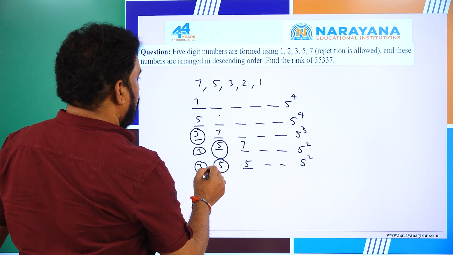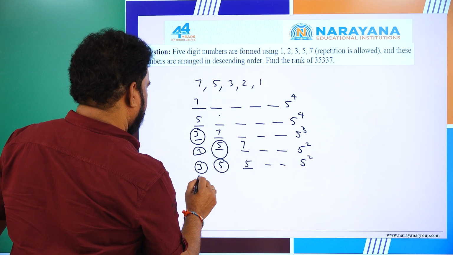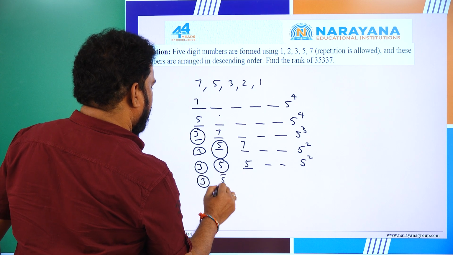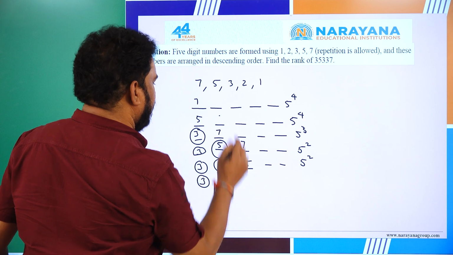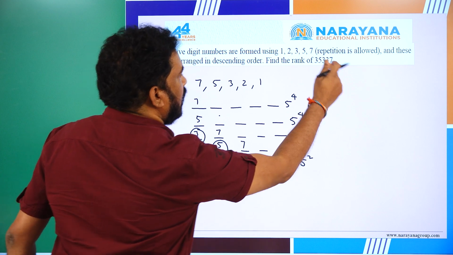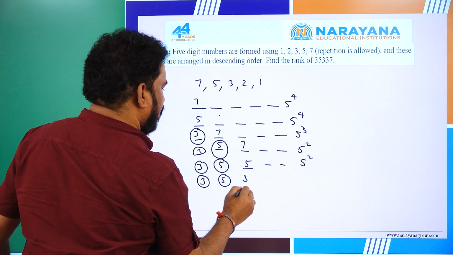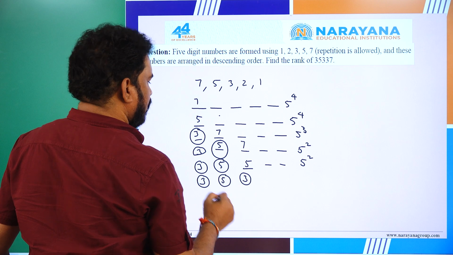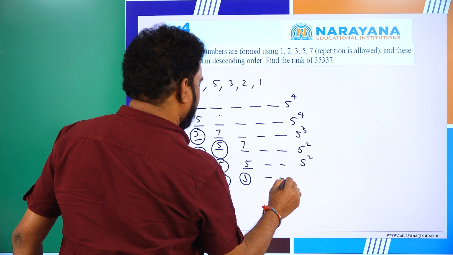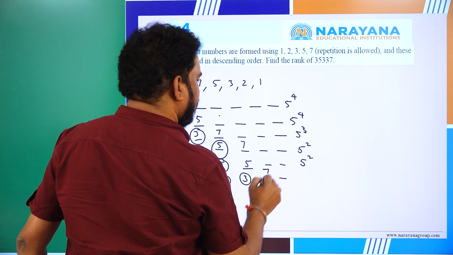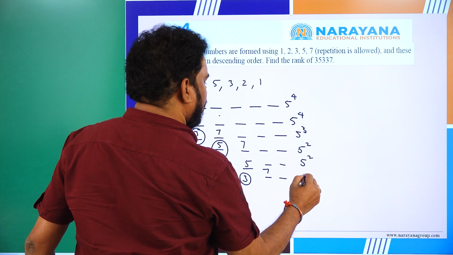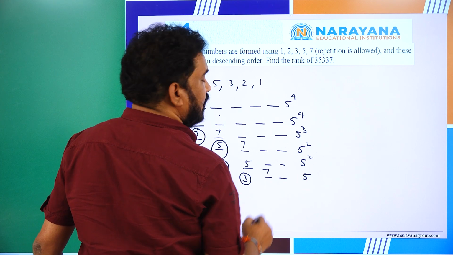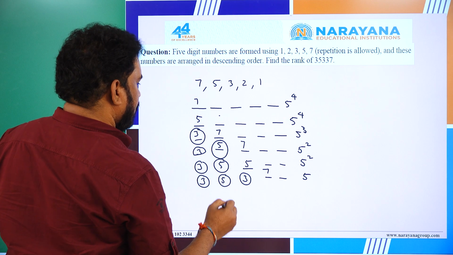Next, 3 fixed already, 5 already fixed. After 5, we need to start with 3 again. So we got the third number also, 3, make it fixed. Now 2 places are there. Again start with 7, so only one way, that is 5 ways for the 1 remaining place.